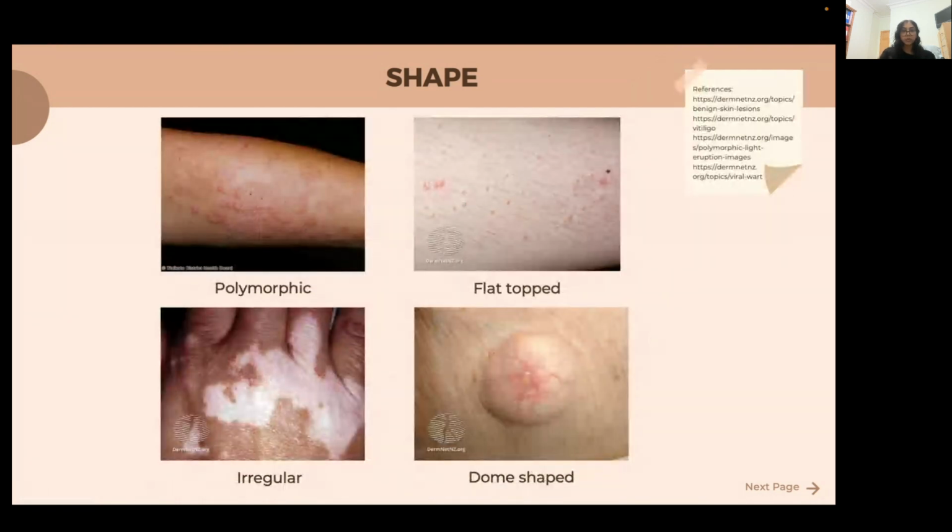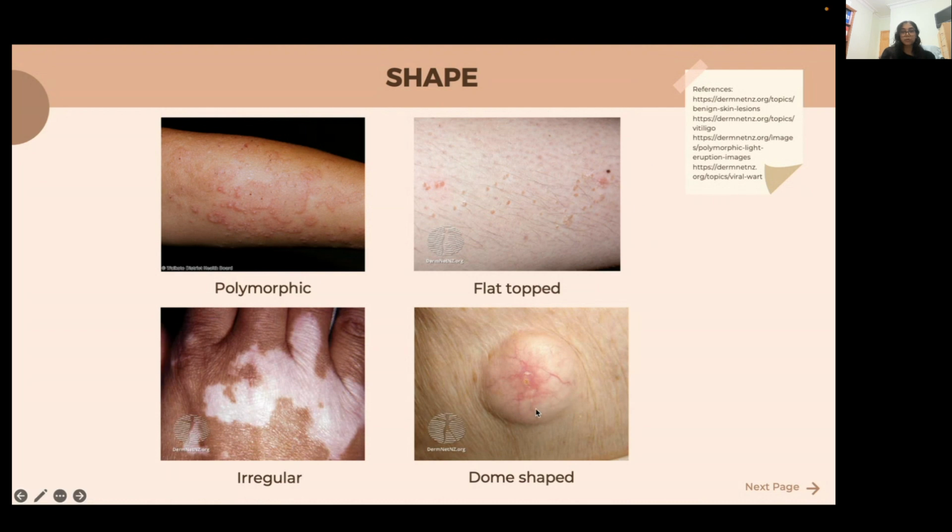Some other shapes. So polymorphic. So this is just a term to describe when the lesions are different shapes. So poly meaning multiple, morphic referring to shape, so multiple different shapes. Flat-topped, it's a bit difficult to see in this image, but if the lesion is sticking out but it's kind of flat at the top, we'd say flat-topped.